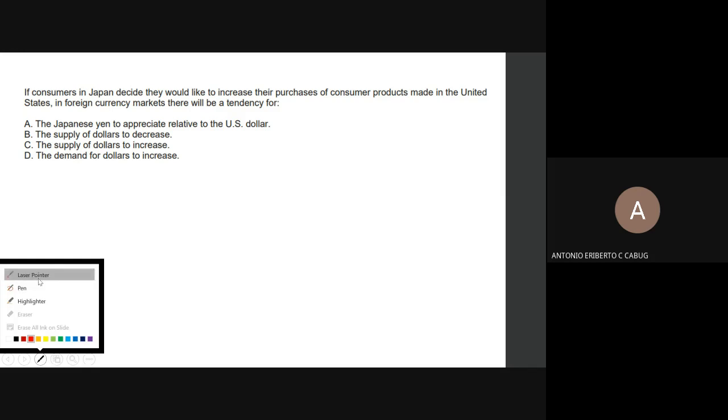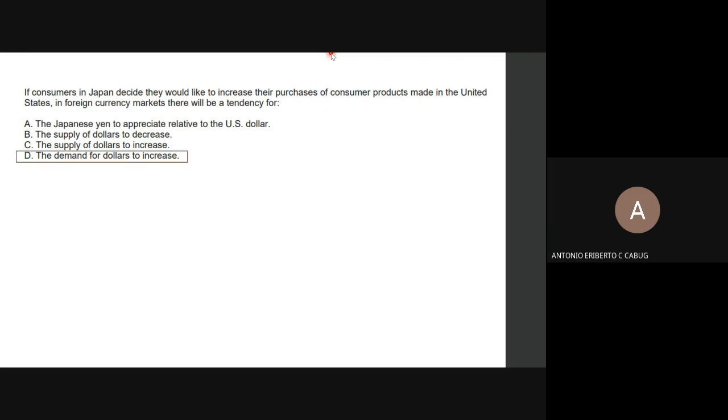So, whenever there is an increase in demand for American products, there will be a need to purchase US dollars as well. If the Japanese decided to increase their purchases of consumer products made in the US, then it follows that they are going to use US dollars, and that will create an increased demand for US dollars.